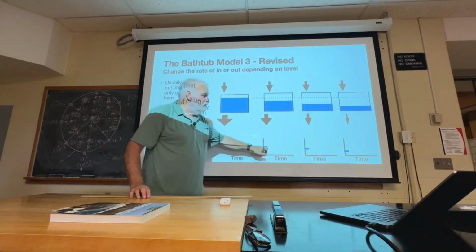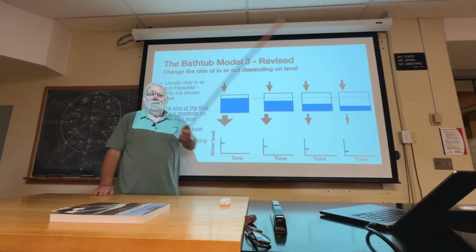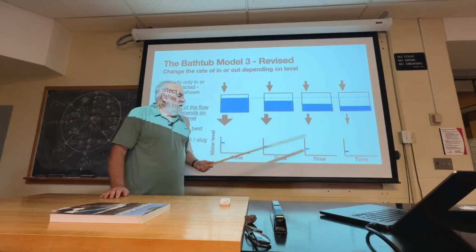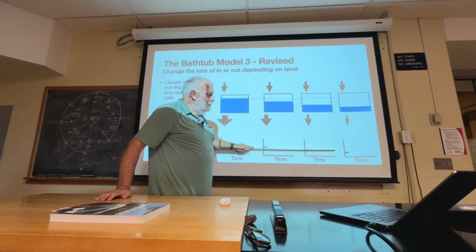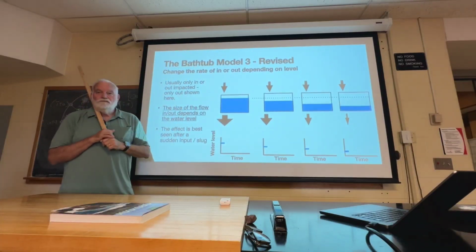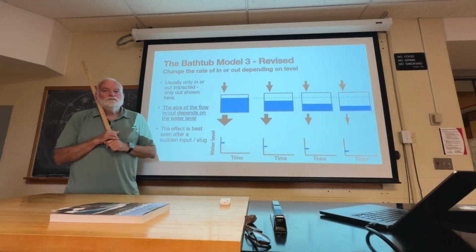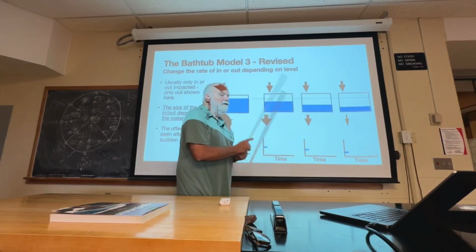Let's take a minute to be sure we can sketch those out. So what would this one be? As this evolves over time, the water level, and there's the starting water level, what's going to happen in this case? It's going to decrease, but the water in and the water out are the same, right?